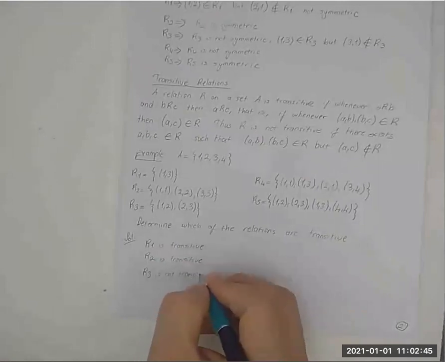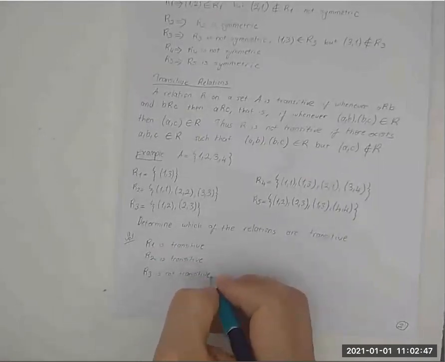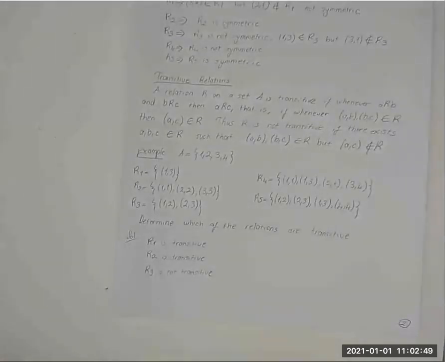Now, let's look at R3. I have (1,2), right? I have to check there is something starting with the 2, yes: (2,3), and then I have to have (1,3).